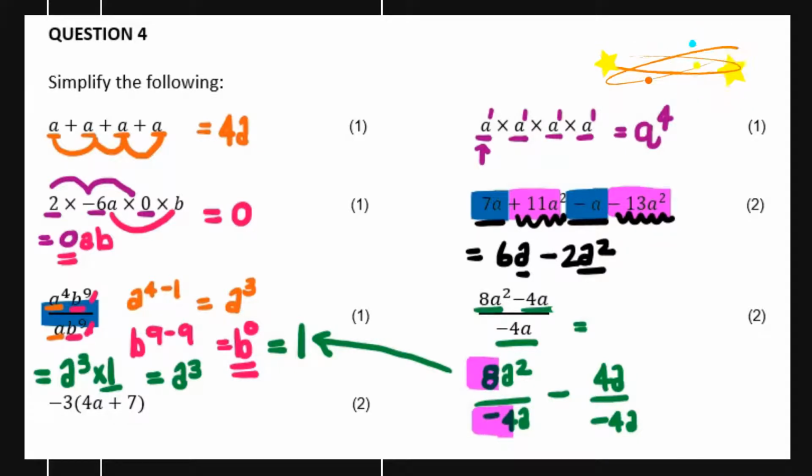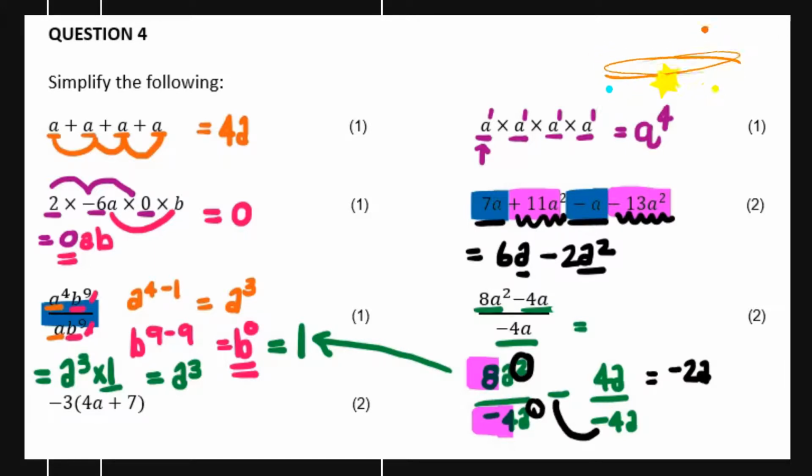So here we would start off by saying 8 divided by negative 4 is equal to negative 2. a to the power of 2 minus 1 is equal to a. We now have a negative and a negative together. A negative and a negative results in a positive.